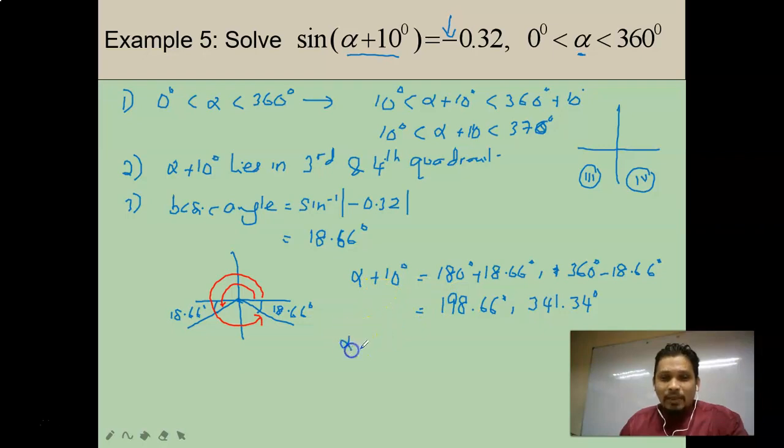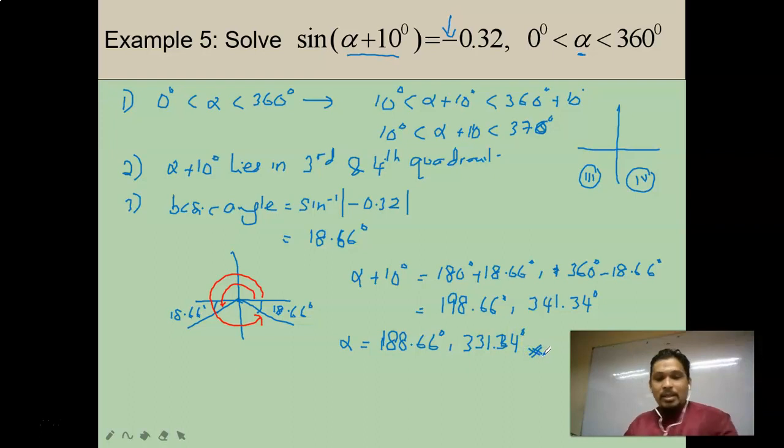Then alpha equals 198.66 minus 10, so it becomes 188.66 degree. And another one here is 331.34 degree.